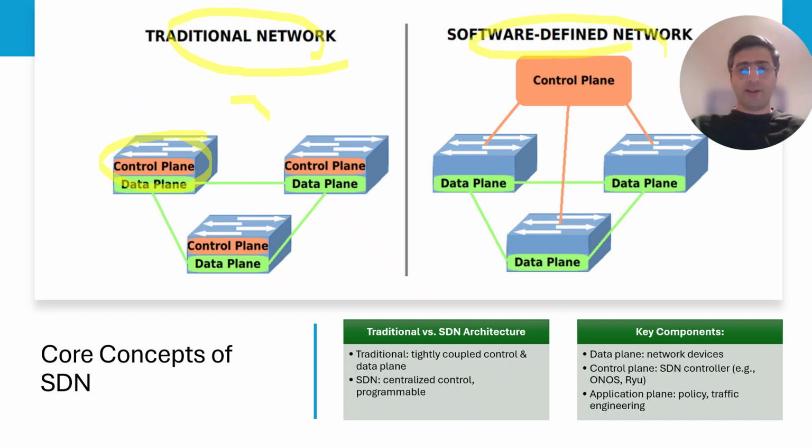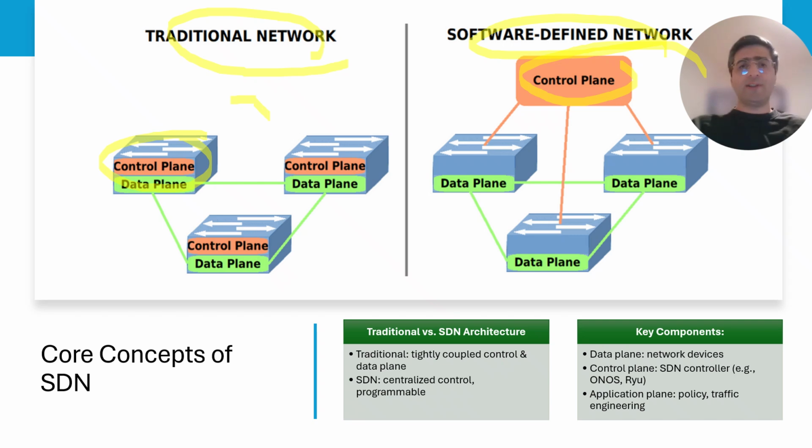SDN, as you can see here on the right hand side, solves this by separating the control logic and placing it in a centralized controller like ONOS. This controller communicates with network devices through standardized protocols such as OpenFlow.